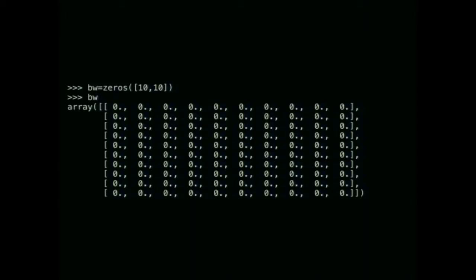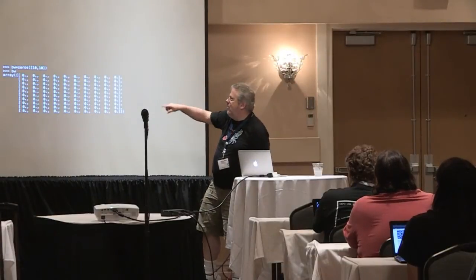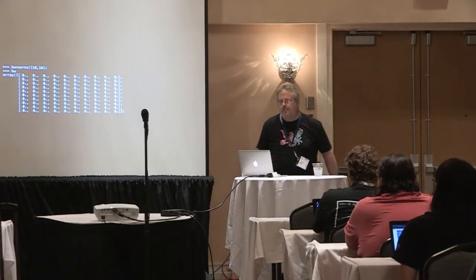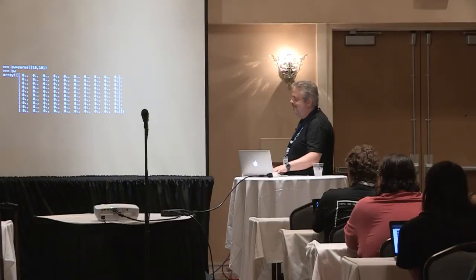I want to make a 10 by 10 matrix of zeros. There's a function just called zeros, and you pass in 10, 10, and I get a 10 by 10 array of zeros. What I want to do is put a bunch of ones in there to simulate a circle. I'm calling it BW because each element is either black, which is 0, or white, which is 1.